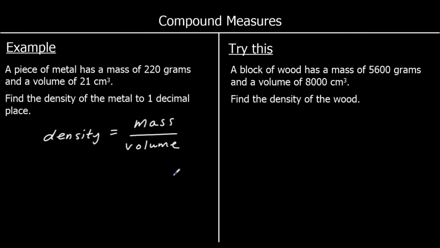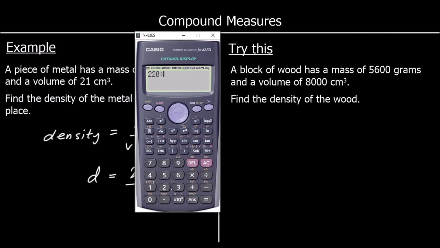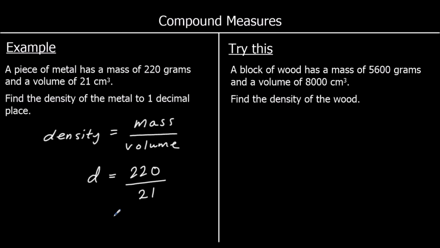The question here says a piece of metal has a mass of 220 grams, so mass is 220, and a volume of 21 centimeters cubed. Find the density of the metal to 1 decimal place. So density is 220 divided by 21, and to 1 decimal place, that will be 10.5.